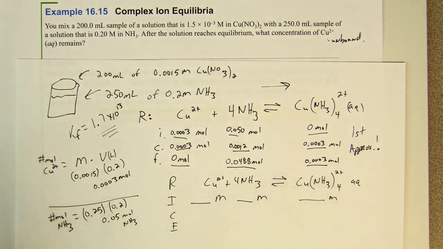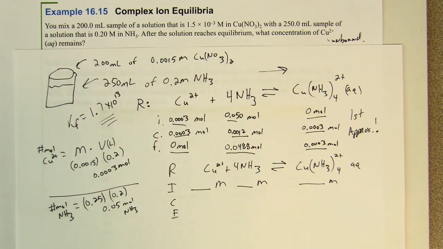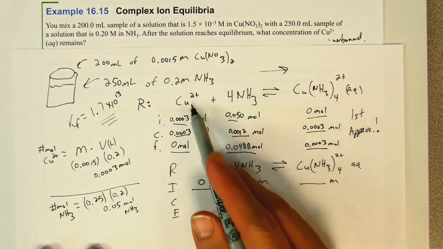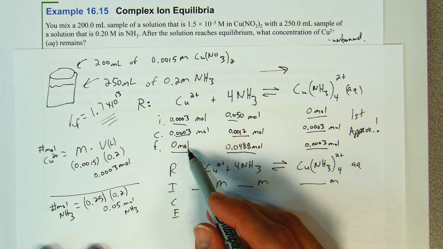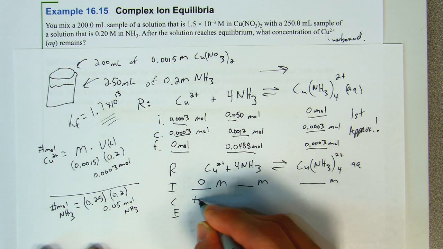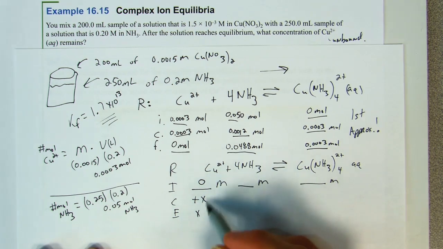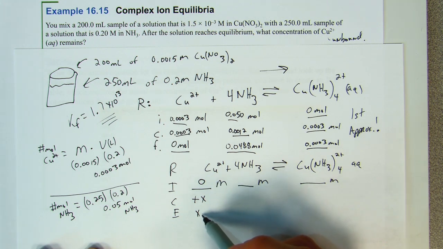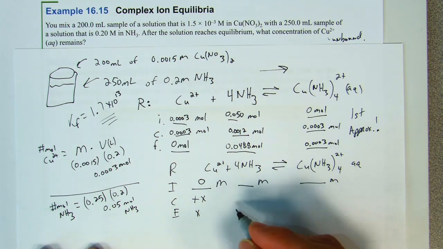Let's take a look how we might do that. Well, up above, I said that my initial first estimate was that all of this was bound up and I don't have any left. Okay, now I know that that can't be true, that I have to have a small concentration of copper, but for my Rice table I can start with the concentration at 0, I can make some, and then I'm going to have some small x amount of it.